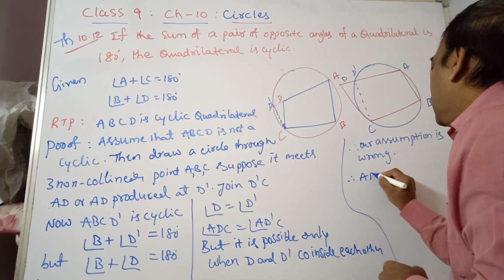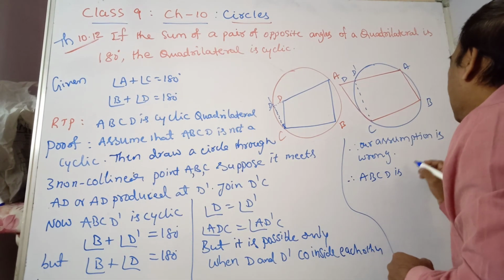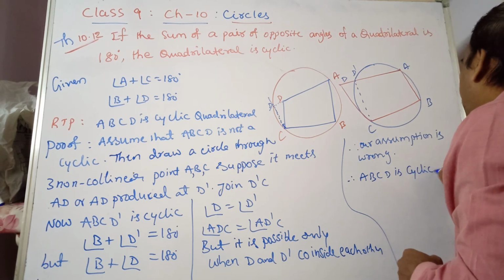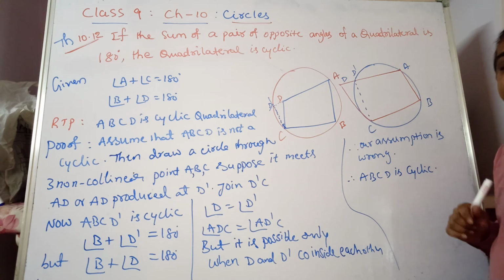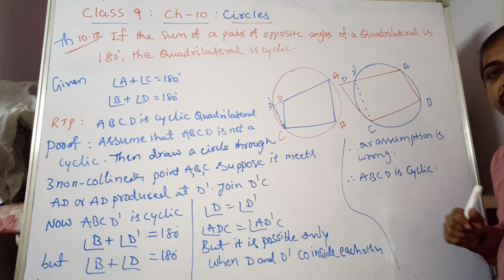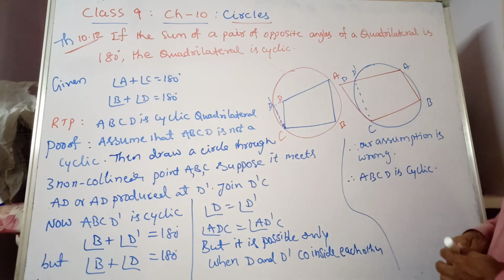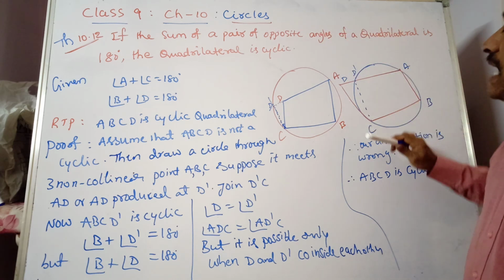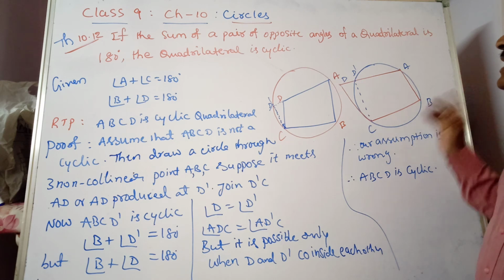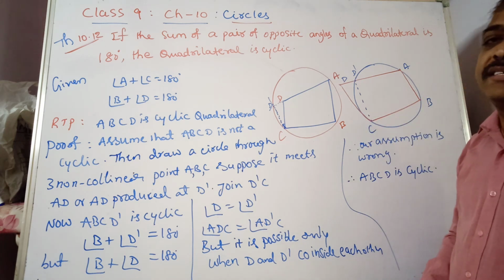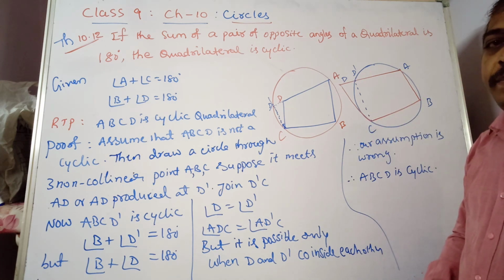Therefore, ABCD is a cyclic quadrilateral. Is it clear, students? I hope you understood. If the sum of a pair of opposite angles is 180 degrees, then that quadrilateral is a cyclic quadrilateral. Is it clear?